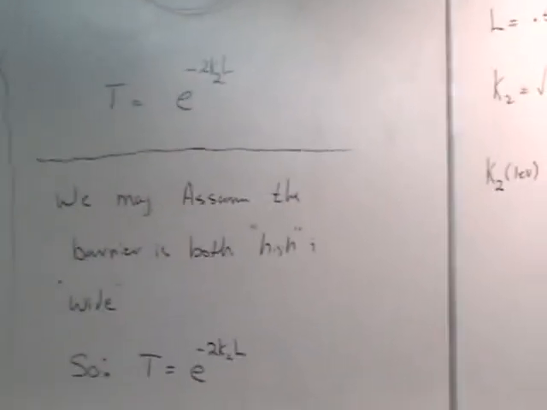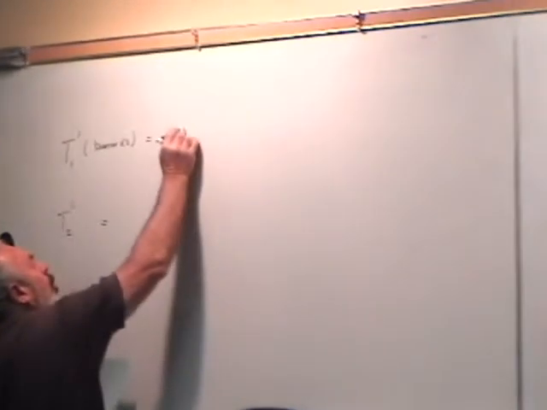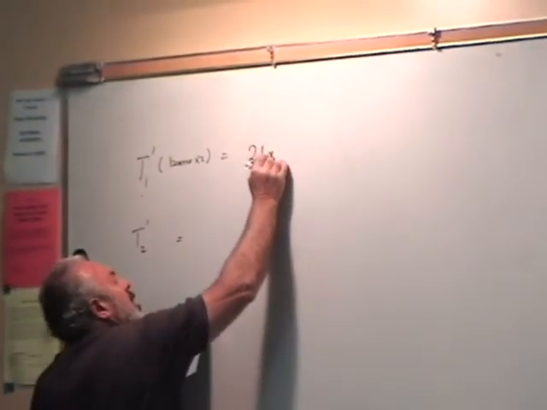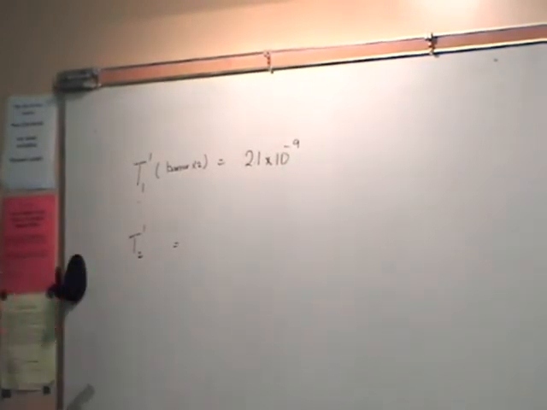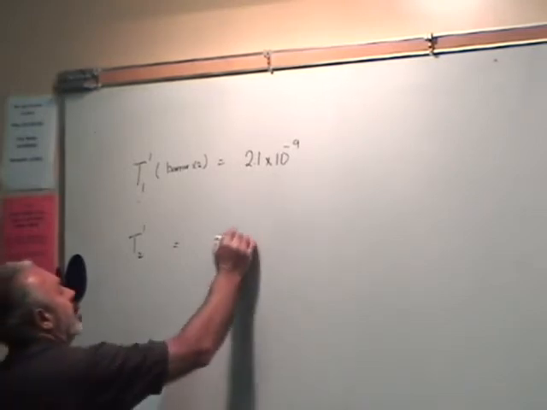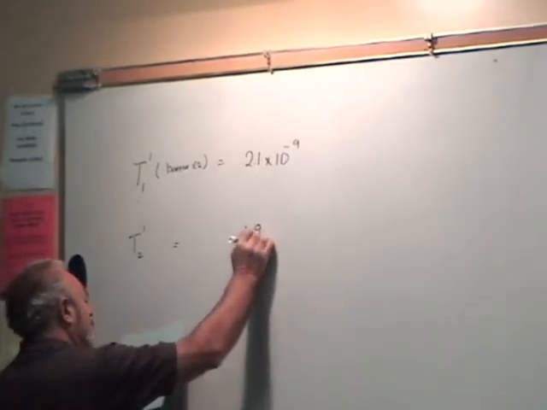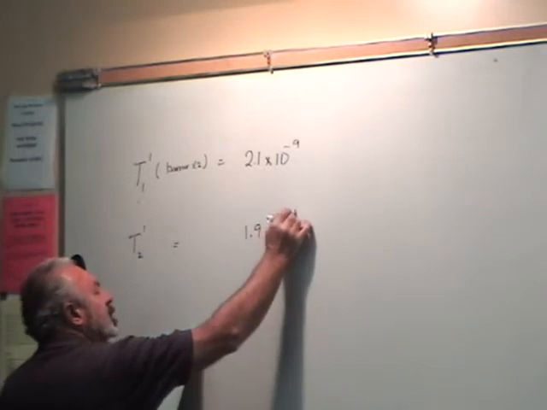L now becomes twice as big, so you put in a 2. And what I get for T prime 1 is 2.1 times 10 to the minus 9 as my transmission probability. And if I put in 2 eV electrons with this double wide barrier, I get about 1.9 times 10 to the minus 8.